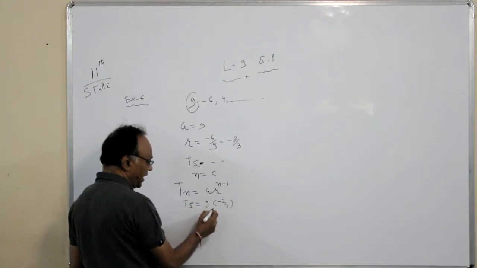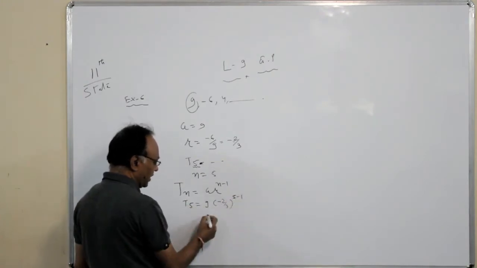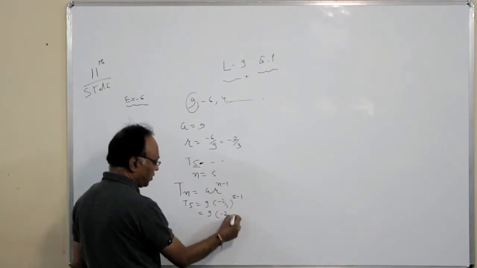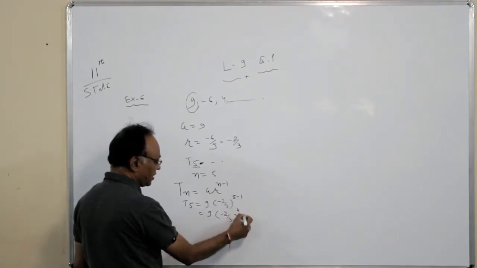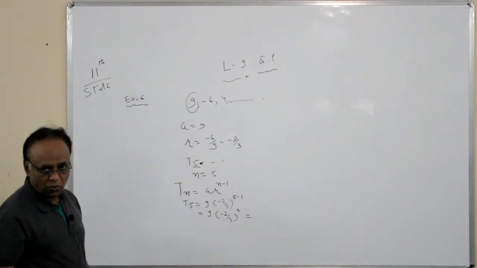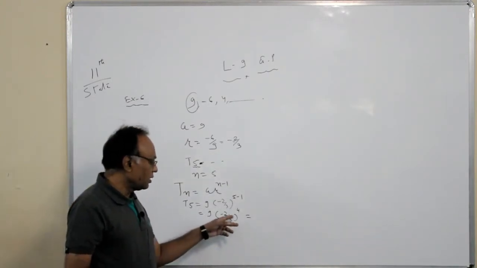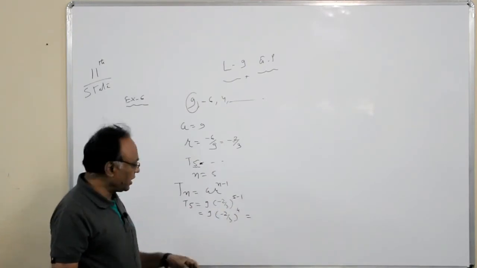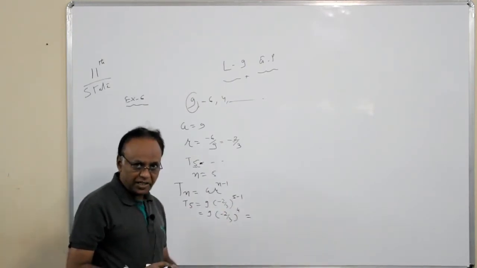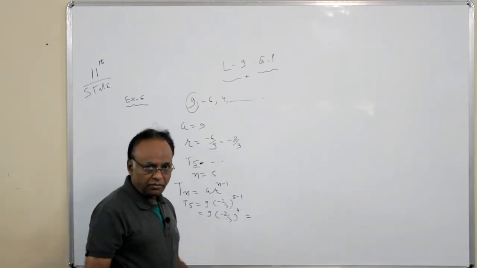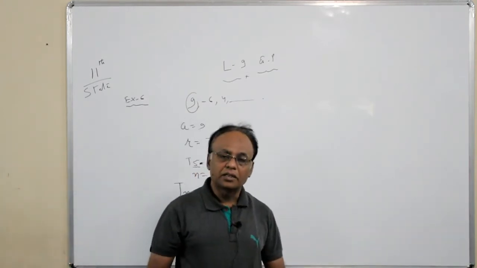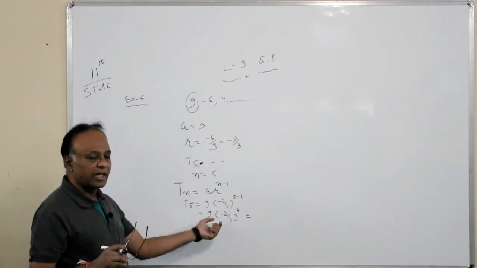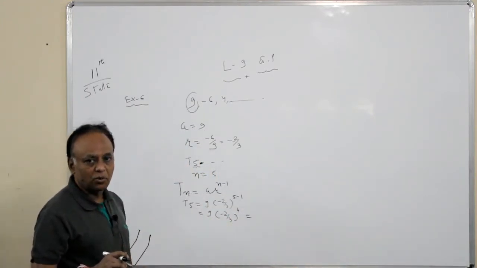So it is 9 times minus 2 upon 3 raised to 5 minus 1, which is 4. Now, the power is an even number, so the answer must be positive. If n is even, then even if the base is negative, the answer must be positive.